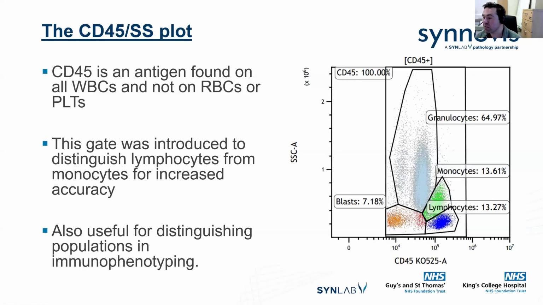So from the CD45 against the side scatter, again, similar to the way we used the forward scatter versus side scatter, we can get a lot of information from just these markers. So just side scatter and CD45. You can see here, bright CD45, quite high up on the x-axis, the CD45 population.